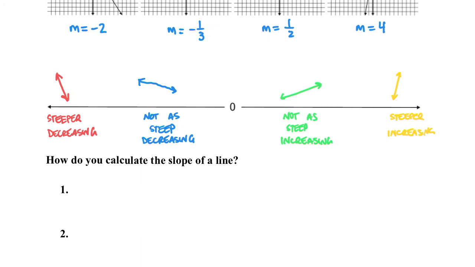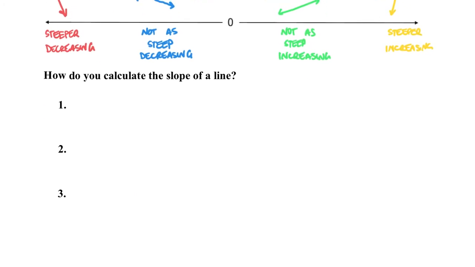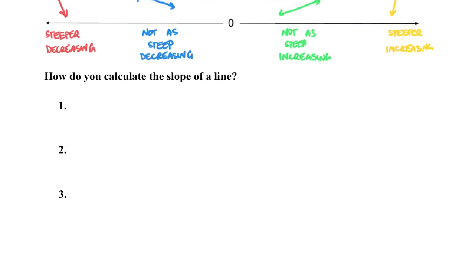Okay. Now, how do we actually calculate the slope of a line? Well, the first thing you have to do is choose 2 points on the line. Typically, we're going to choose nice points, like ones that land on intersections.